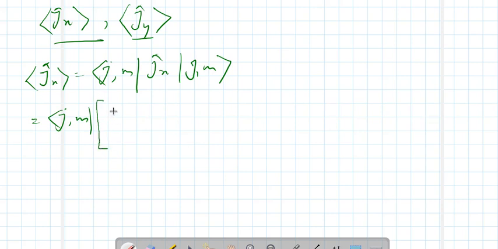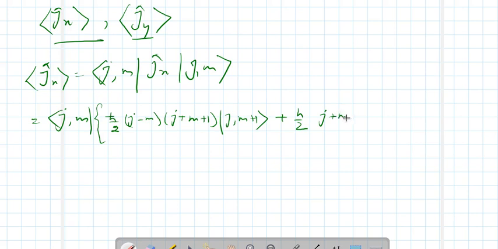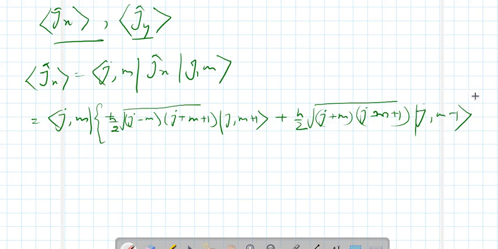So it is h cross upon 2 times √((j − m)(j + m + 1)) and it is j into m plus 1, plus h cross by 2 times √((j + m)(j − m + 1)) under the root, and j into m minus 1, right?